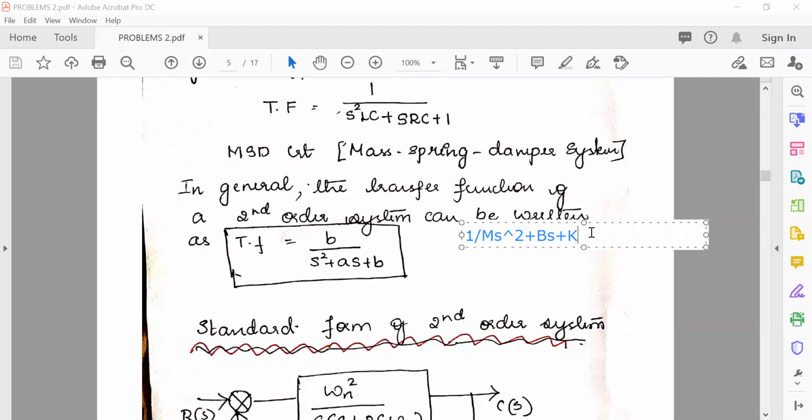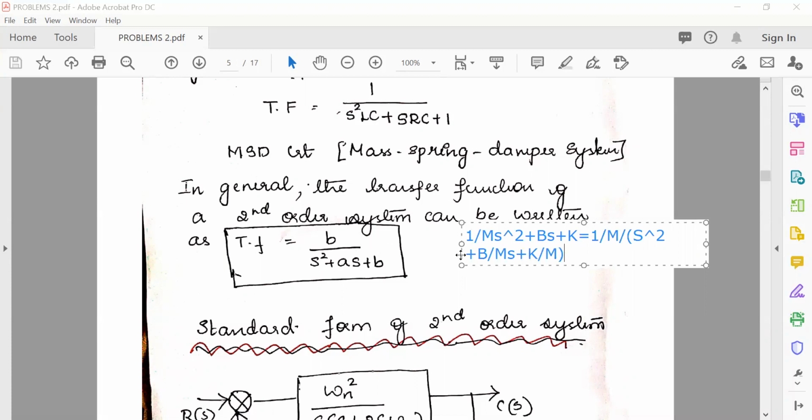Okay, in that case it becomes (1/M) divided by S squared plus (B/M) S plus K/M. I am not able to write it properly.